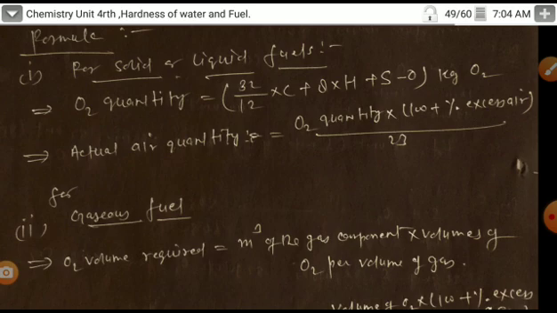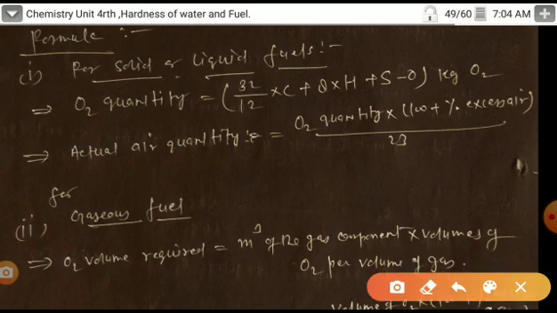Now in this lecture, I am discussing how much oxygen or air is needed for the complete combustion of fuel. For a particular solid or liquid fuel, what is the quantity of oxygen needed for complete combustion?